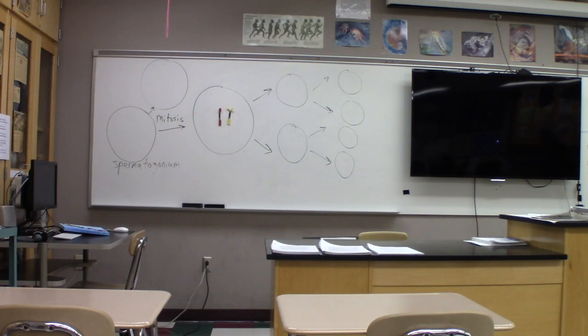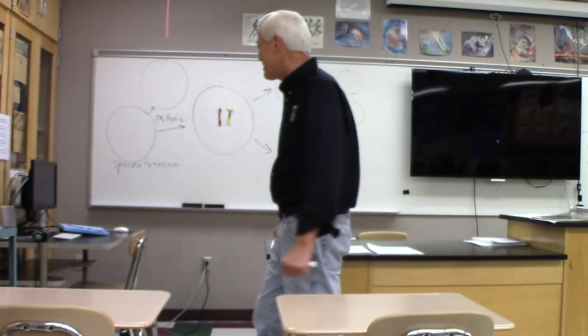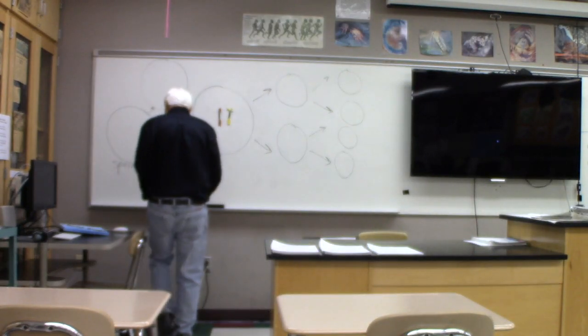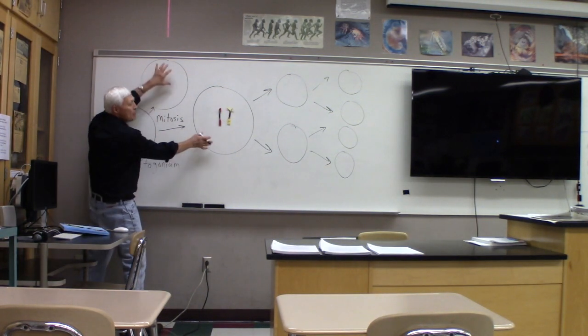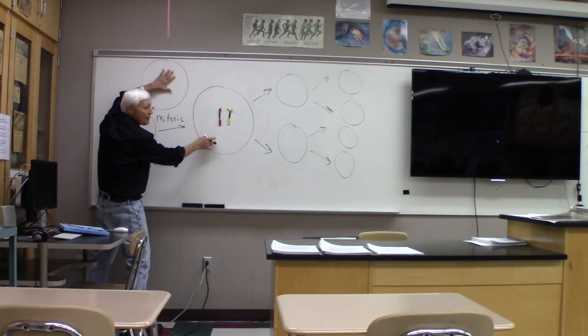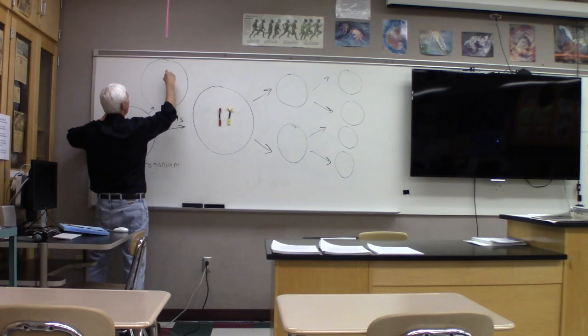When's the last time you heard somebody use that word, spermatogonium, in the hallway? Never, right? A spermatogonium cell. You know what this spermatogonium cell does? It goes through mitosis to make another spermatogonium. That's what this cell's called.